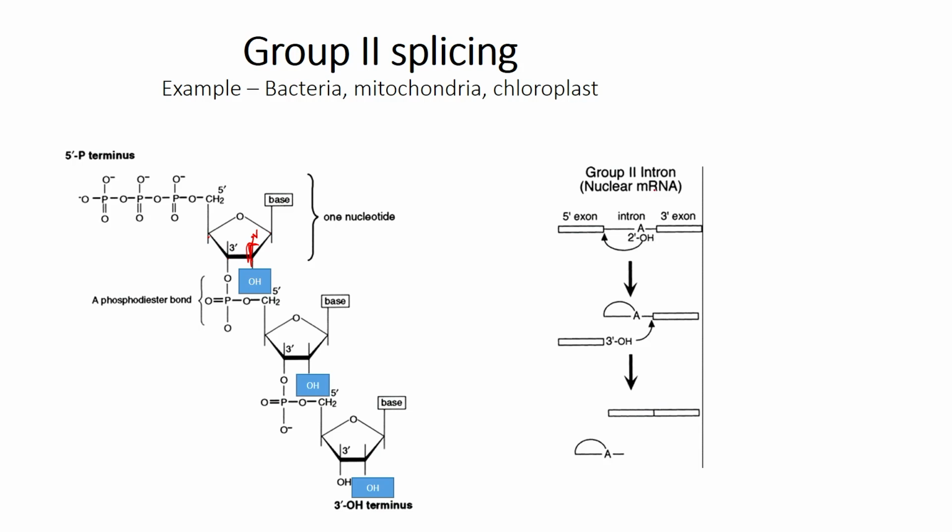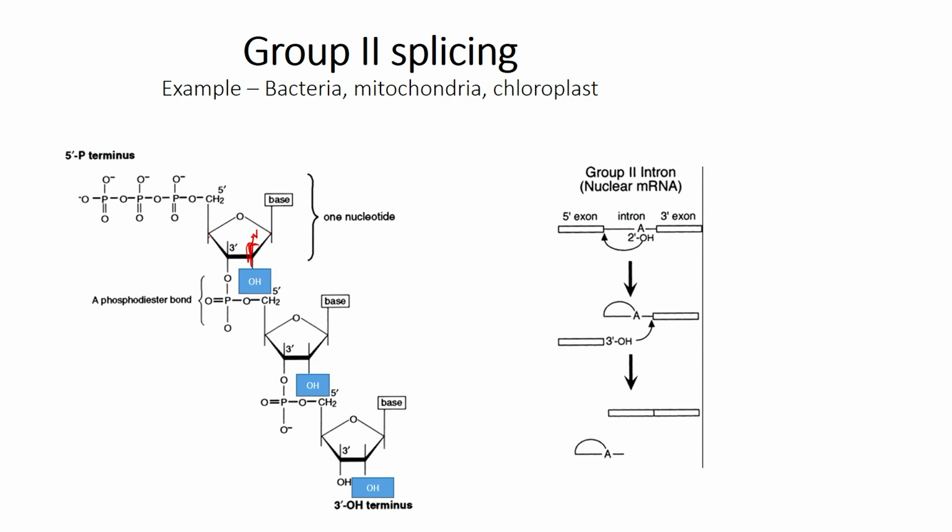So here I am showing you a group 2 intron. This is the first exon, this is the intron, this is the second exon. In the intron, now the question is, if this happens, does that mean all the OH groups present in the bases can have nucleophilic attack? No, it is not so. It is the secondary and tertiary structure that is important.